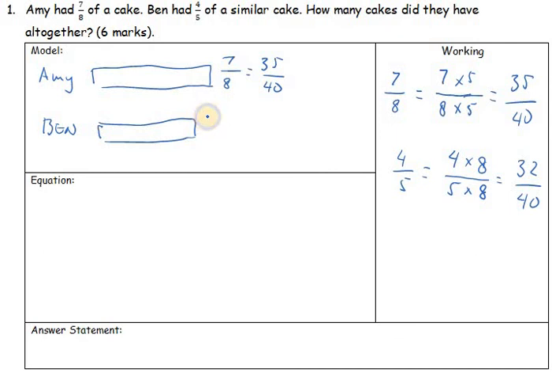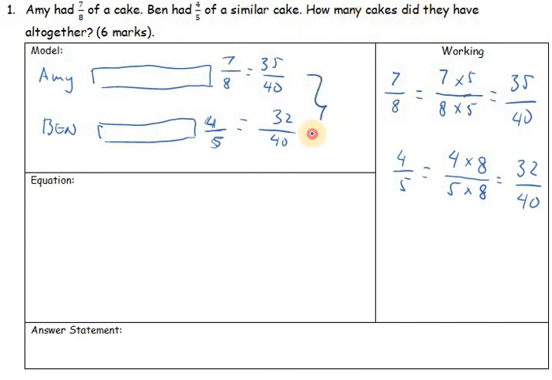So let's write down the fraction again. We have 4 out of 5, which is the original fraction, and the equivalent fraction for that one is 32 out of 40. And then the question mark: how many cakes did they have all together?